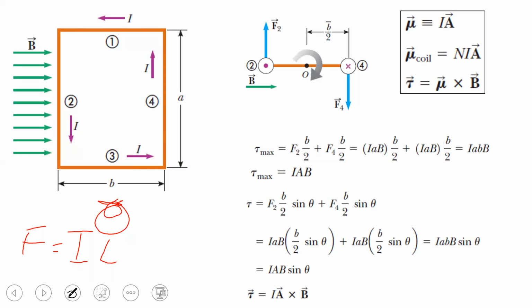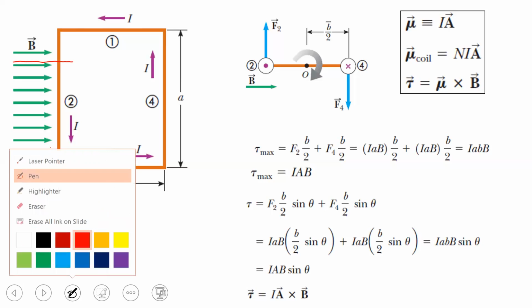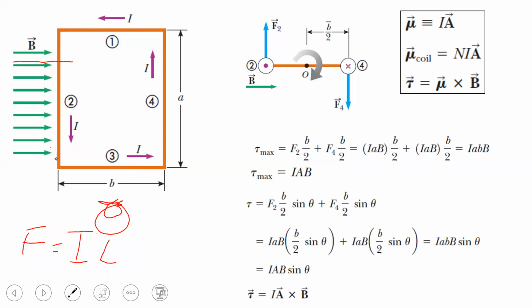But in this scenario, you will see the direction of the magnetic field. The green arrows from the left-hand side of the screen are the direction of the magnetic field, and it's pointing from the left to the right.